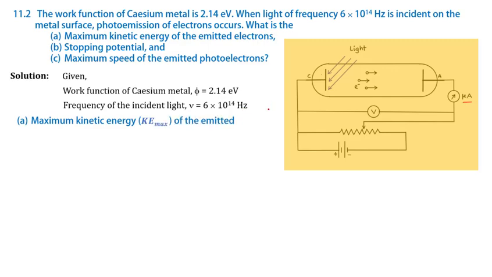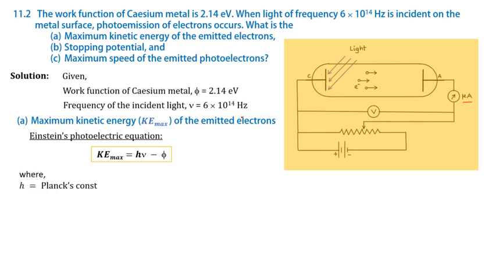This maximum kinetic energy can be determined from Einstein's photoelectric equation, which says that maximum kinetic energy is equal to h nu minus phi, where h nu is the energy of the photon associated with the incident light. h is Planck's constant, and its value is 6.626 into 10 to the power minus 34 joule seconds, which is equal to 4.1357 into 10 to the power minus 15 electron volt seconds.